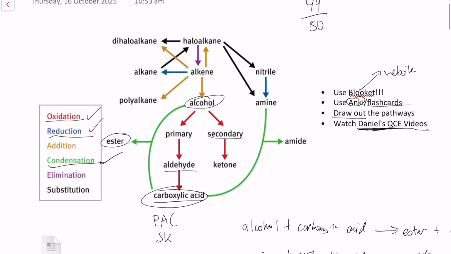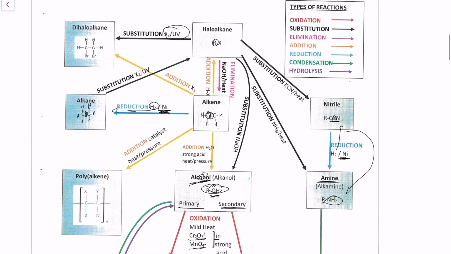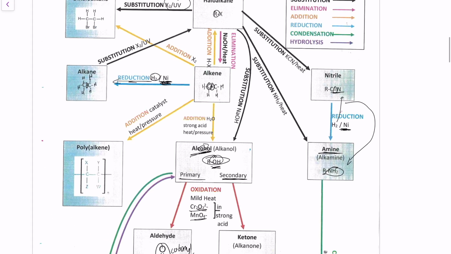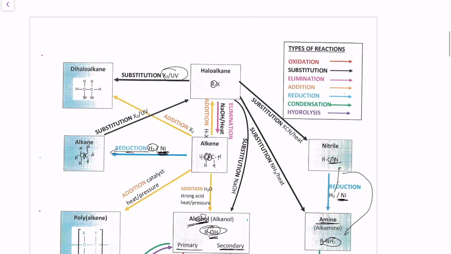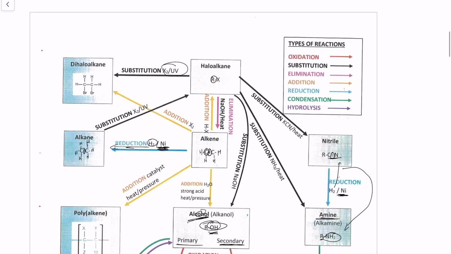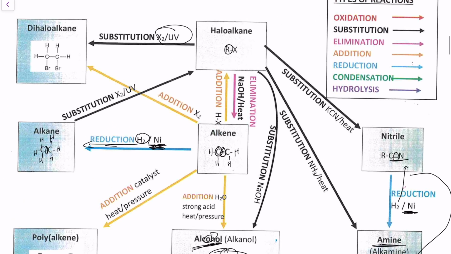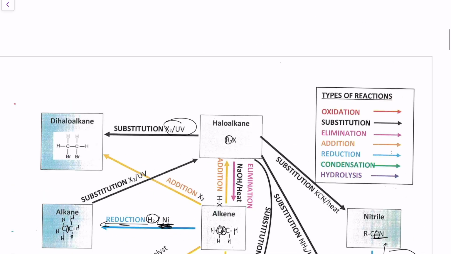I reckon the best place to go next would be addition, simply because addition really only originates from alkenes, which works out here as well. Note the different catalysts for the 4 different addition reactions.